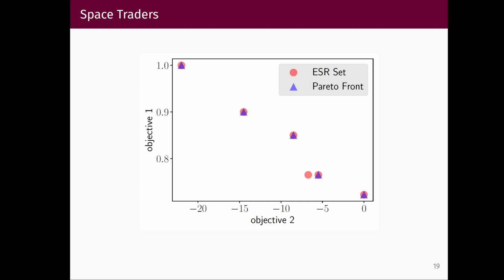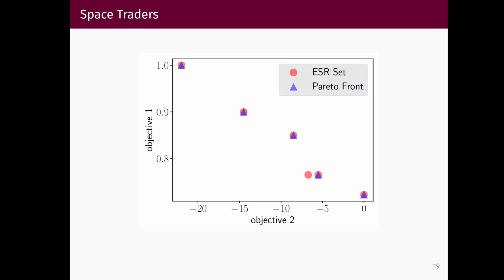While this might not seem that significant initially, it is actually quite an interesting result, given that if you were to return the ESR set to a user, an extra policy would be contained. Therefore, if you were to show the user the Pareto front when you should actually be showing them the ESR set, the user is missing an extra policy that may reflect their preferences better.